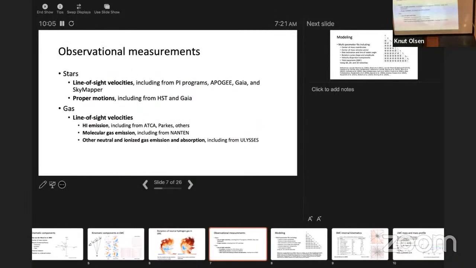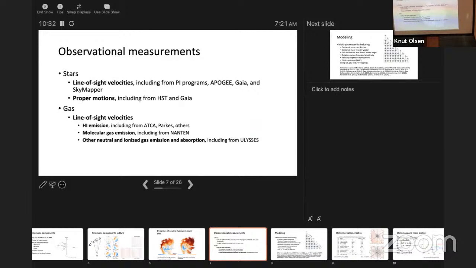So to summarize the measurements that we and others have been using to study the internal kinematics: we're getting line of sight velocities from PI programs that many of us have collected, from APOGEE, Gaia, SkyMapper, and getting proper motions from HST and Gaia.